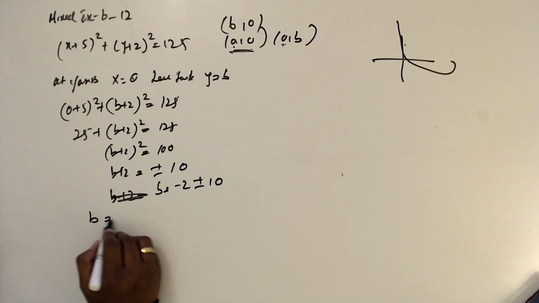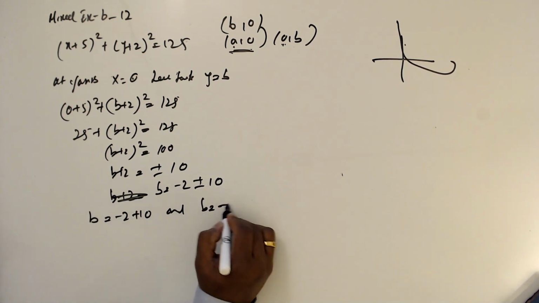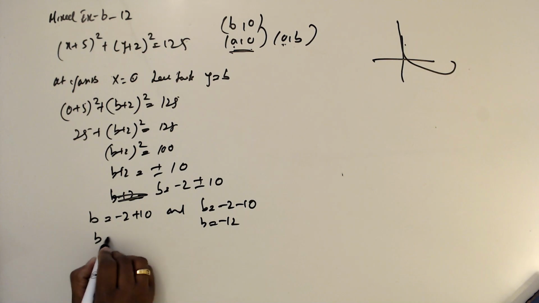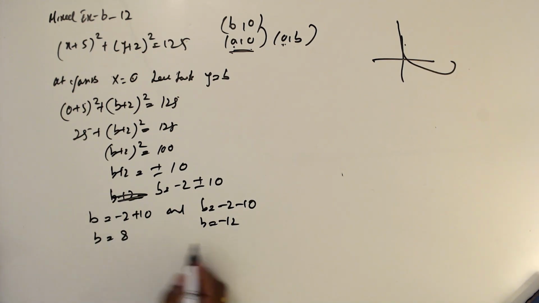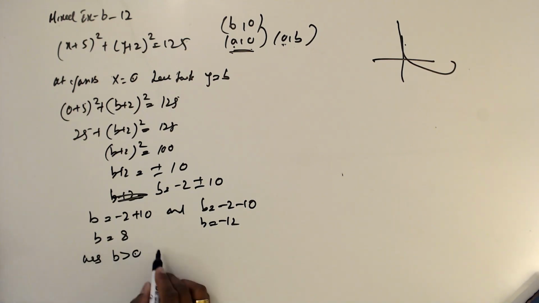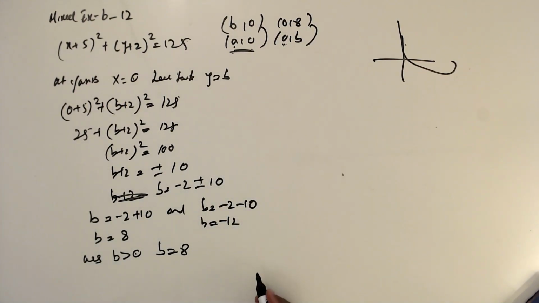So b equals −12 or b equals −2 + 10. So as b is greater than 0, b equals 8. So now this is (0, 8).